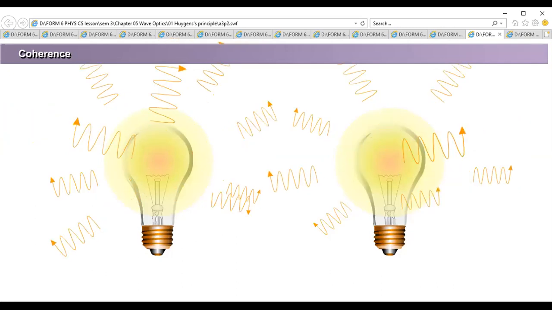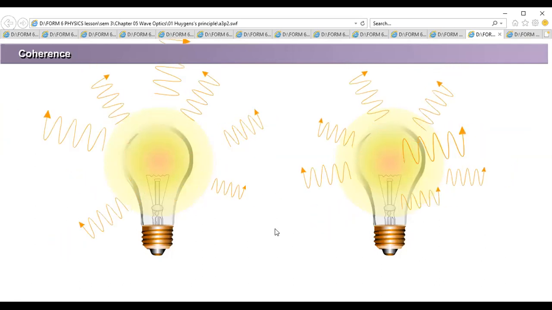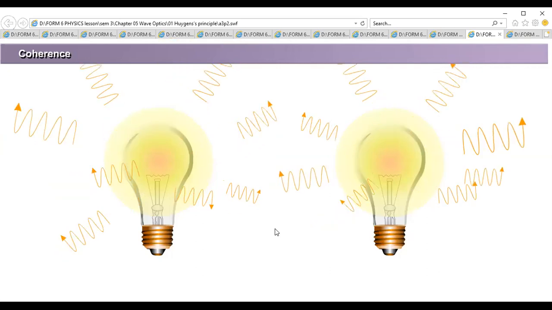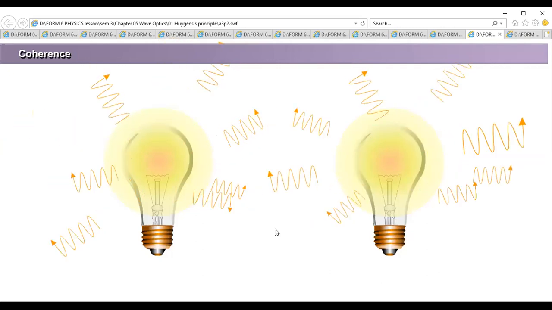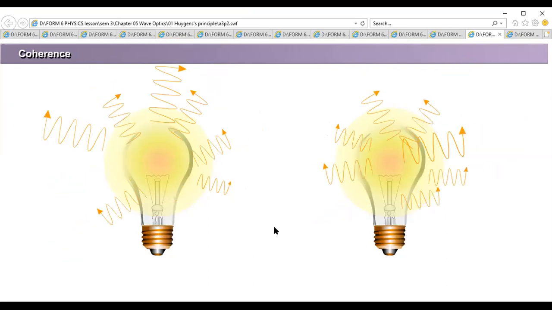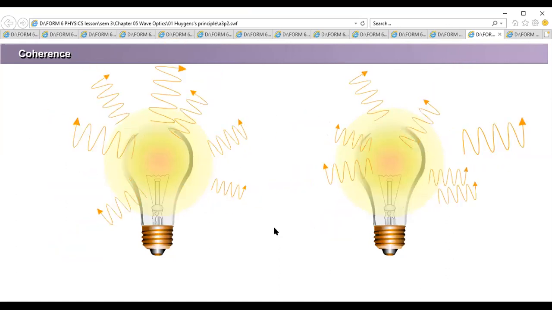A white light is not suitable as a coherent source, because the white light is actually formed by seven basic colors with different wavelengths.